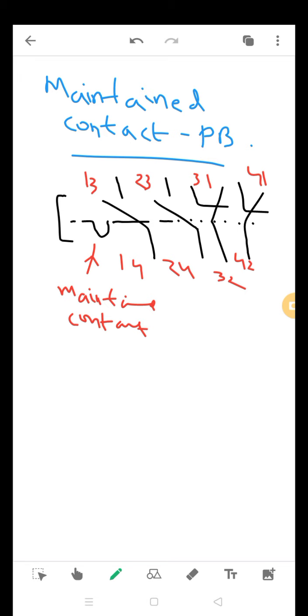Now, the normal position of a switch button looks something like this, the schematic representation. If you look into the devices, a push button switch actually looks something like this.